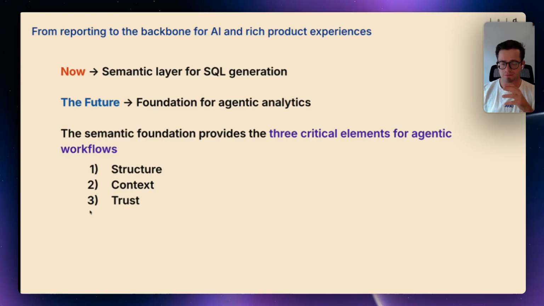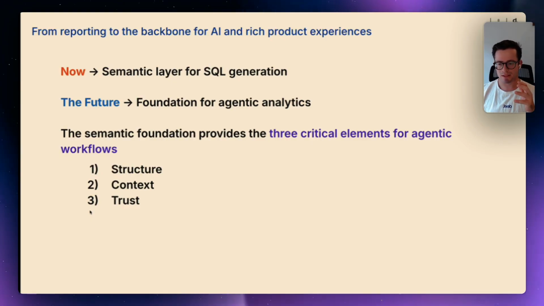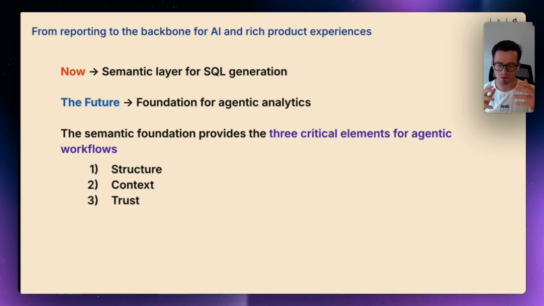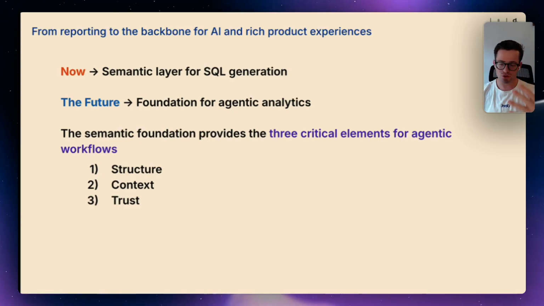Why? I think the semantic foundation that we're building in Cube really provides three critical elements that allow agentic workflows to work. The first is this semantic foundation creates the structure for LLMs to understand how this information works. And we have predefined all of the joins.